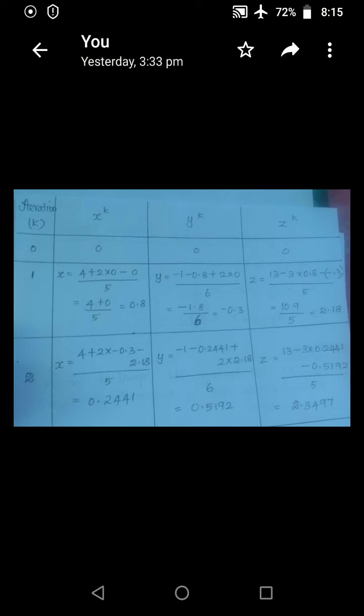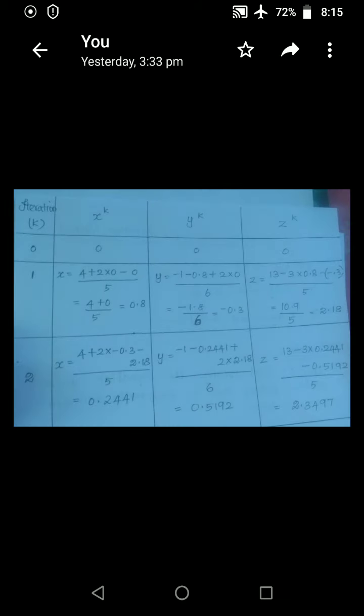You can use the calculator to do the calculations, very easy and very accurate. Okay, so the z value is 13 minus 3 into y. What is the value of y? We found it newly, because we should take only the values of x, y, z that are currently found, not the previous ones. So z is equal to 13 minus 3 into y.